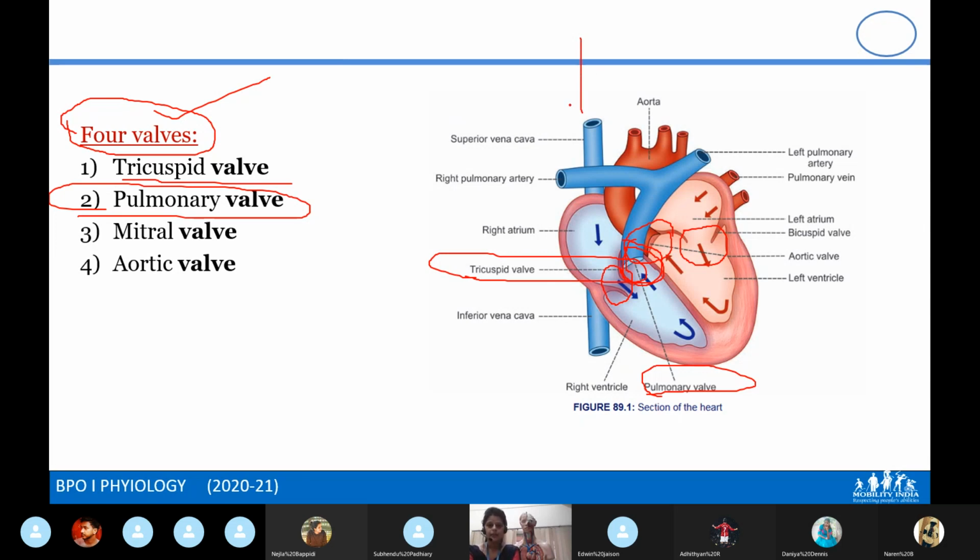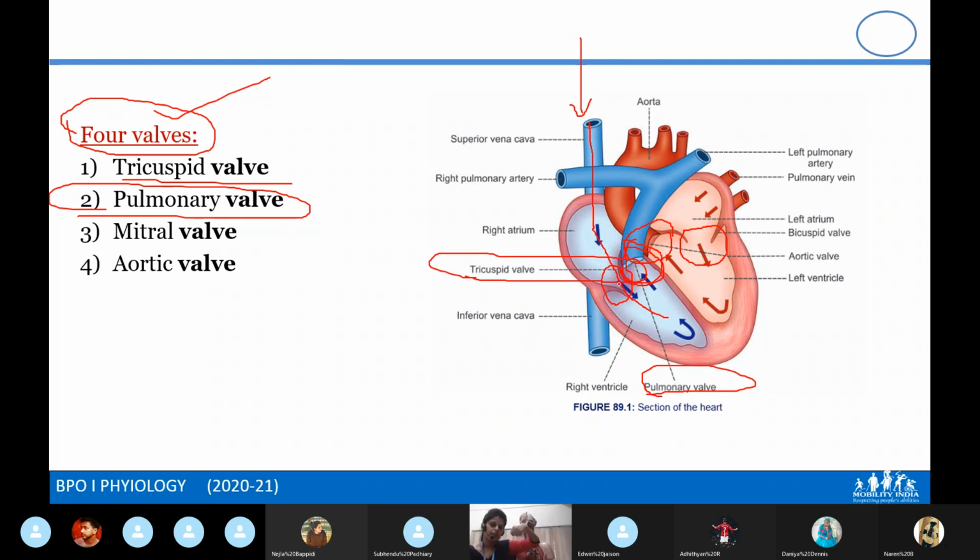From here blood comes. Okay, the blood goes to right atrium. With help of valve, blood passes to right ventricle. Valve is a smooth structure, okay, which is movable.